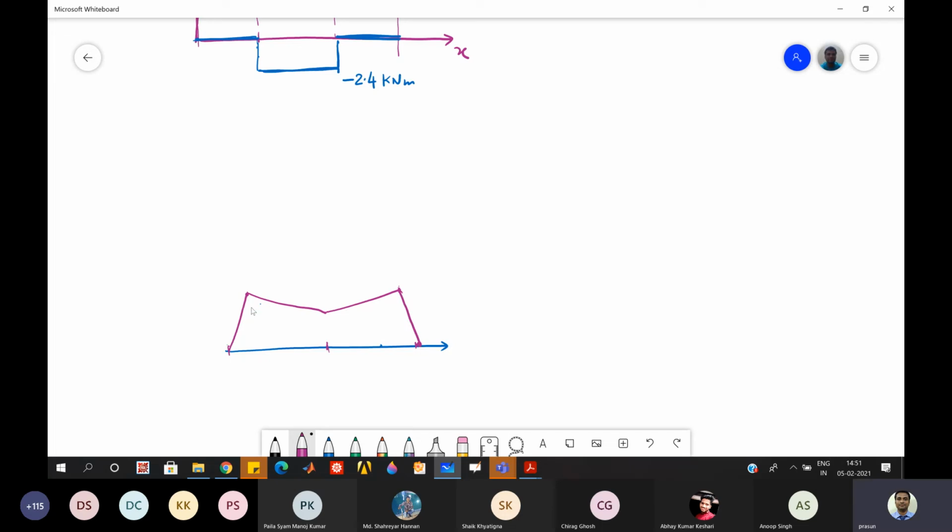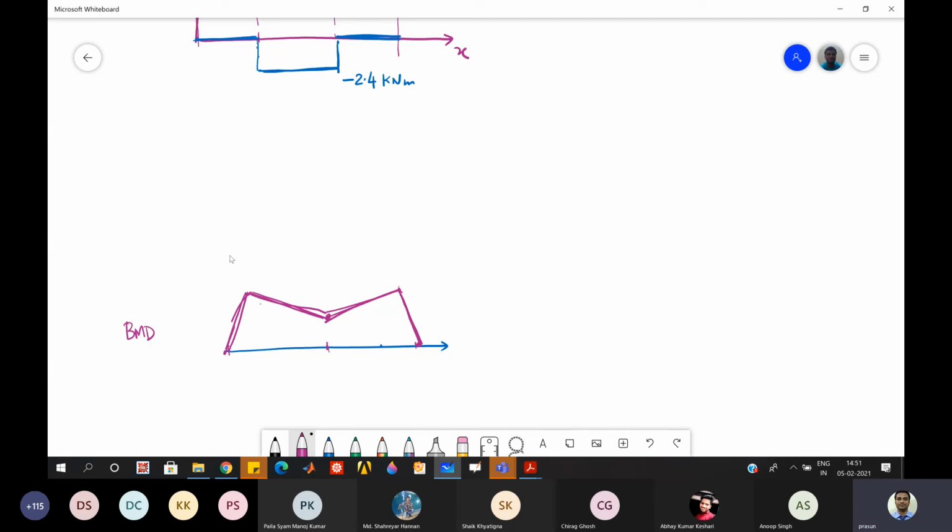So this is a representative diagram which looks similar to the alphabet or letter M, right? All right, so this is, let us say, BMD.